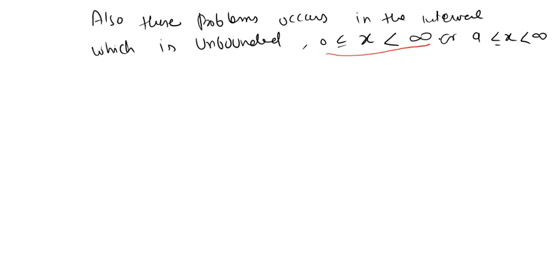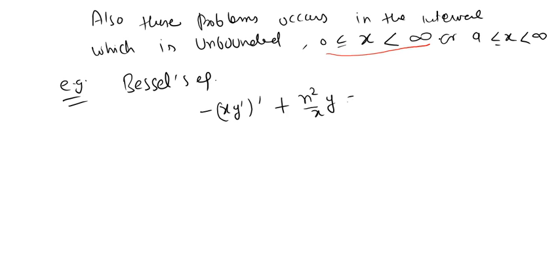So for example, let us take Bessel's equation, the famous Bessel's equation, and you can write this equation in SL form, plus n square by x y equal to lambda x y. So with p equal to x, the coefficient of y'', and q, the coefficient of y, which is n square by x, and n is a fixed number.